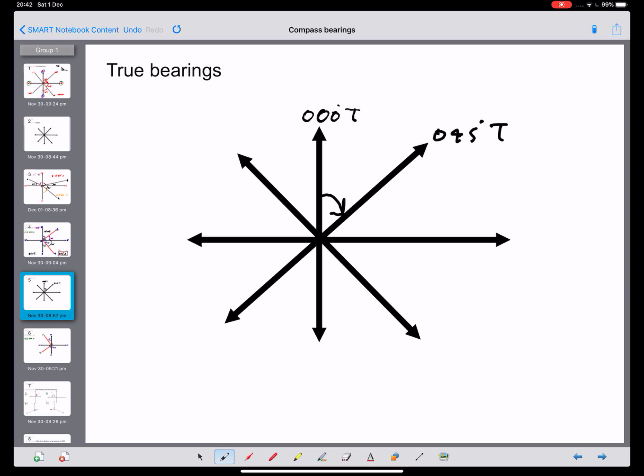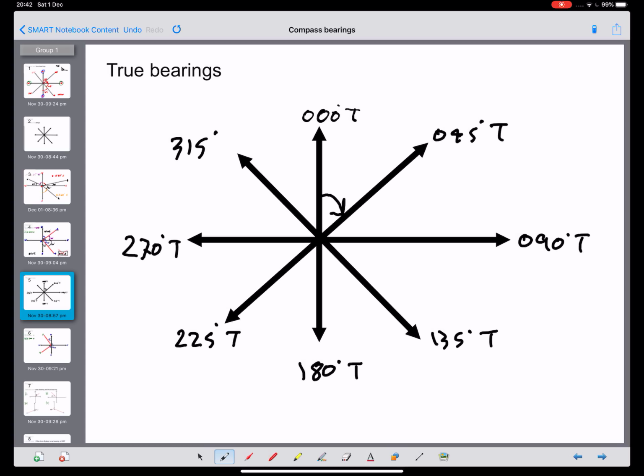Okay, I want you to pause the video and you should be able to fill in the rest of the compass bearings. Okay, so I'm going to do this very quickly. Measuring clockwise, this is 090 degrees T, 135 degrees T, 180 degrees T, 225 degrees T, 270 degrees T, and then finally 315 degrees T for true bearing.